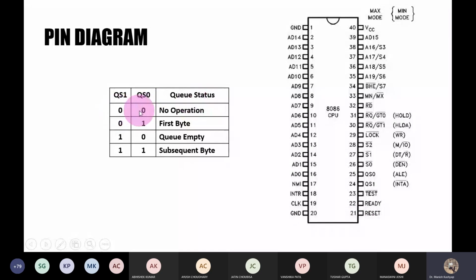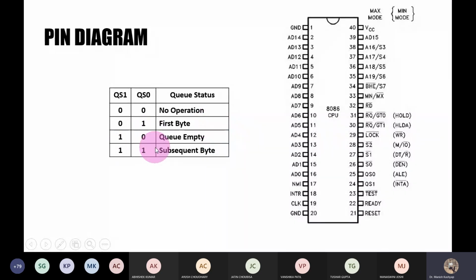First is 00. When the status of these pins QS0 and QS1 is 00, the queue is doing no operation, right? That means the queue is completely filled by itself, it is completely full, so it is not doing any operation. If 01 is the status of QS0 and QS1, then the first byte is getting used.